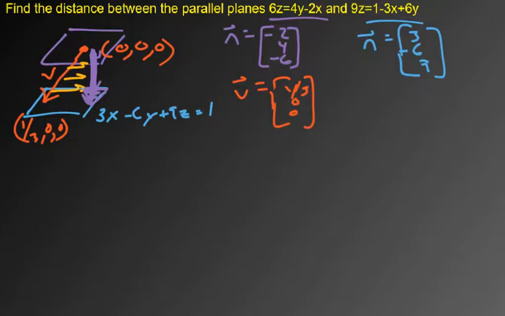So I'm going to do the projection. I'm going to project vector v onto the normal, which is not that bad for the top because we're just going to do 1/3 times -2, which is going to be -2/3 up there.